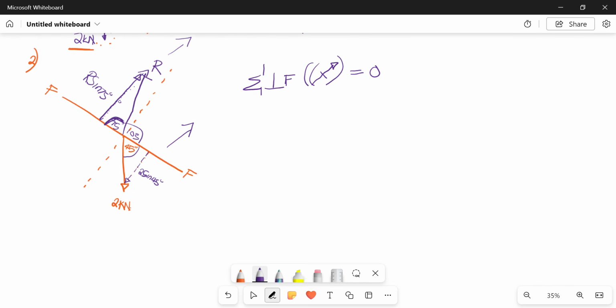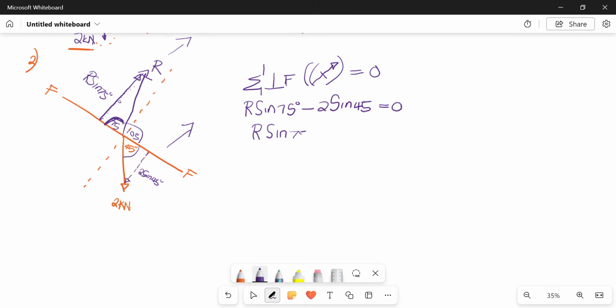Then we look at the forces that are acting on it. Firstly, we have that R sine 75. It is moving in the direction that we've assumed, so we will consider it to be positive. Then we have the 2 sine 45. It's moving in the opposite direction, that's why it is negative. Then next you just play around with your maths.